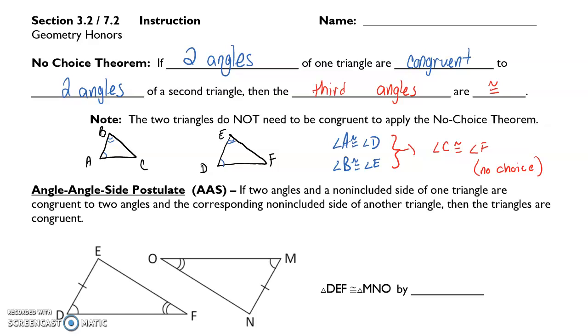If all three sides are congruent, that is enough. We've learned angle, side, angle. So if two angles and the included side are congruent, that is enough. And we've learned side, angle, side, two sides and the included angle. That's enough.